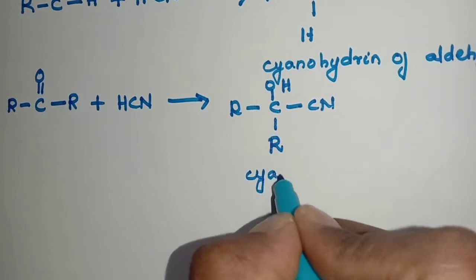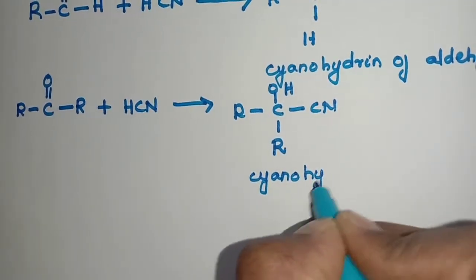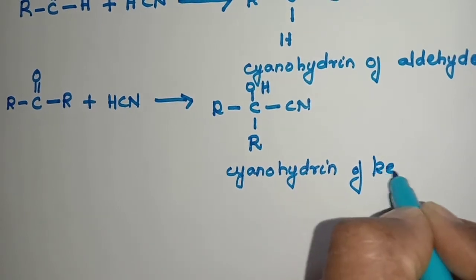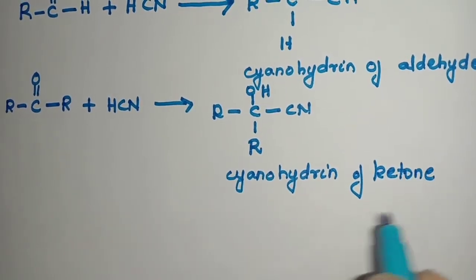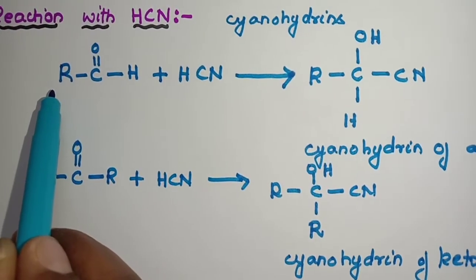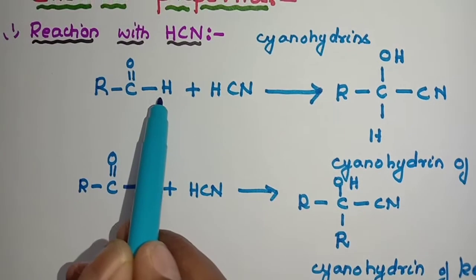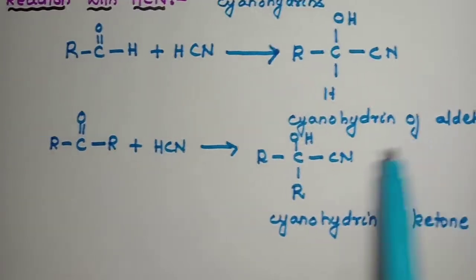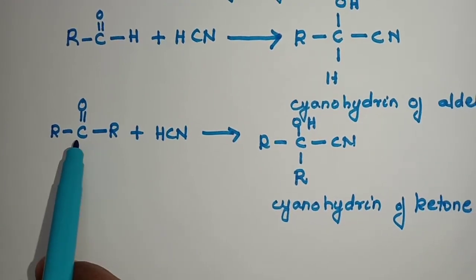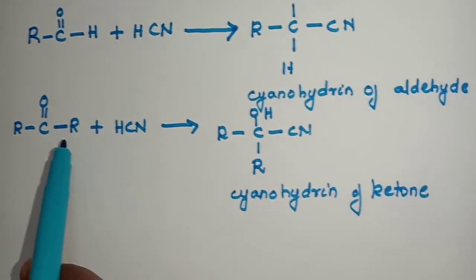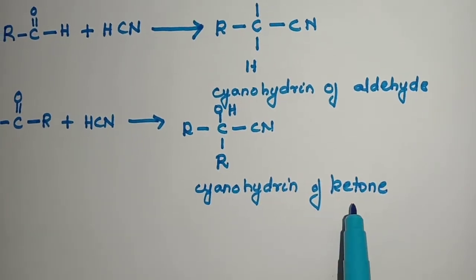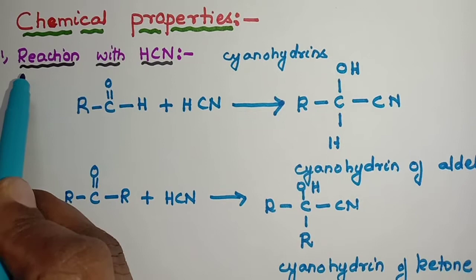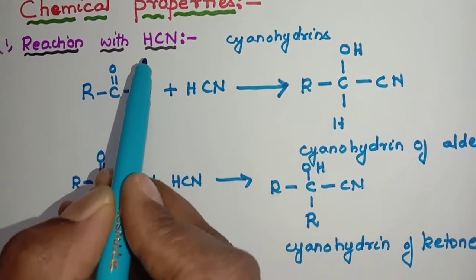This is called as cyanohydrin of ketone. Okay. So if you take here acetaldehyde, CH3 C double bond O H, you will get cyanohydrin of acetaldehyde. If you take acetone, CH3 C double bond O CH3, you will get cyanohydrin of acetone. So that is the first reaction, that is reaction with hydrogen cyanide.